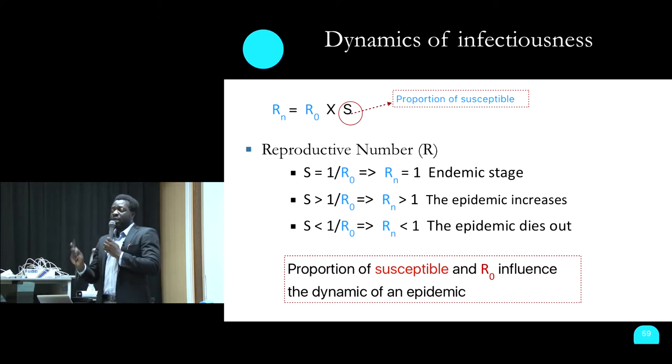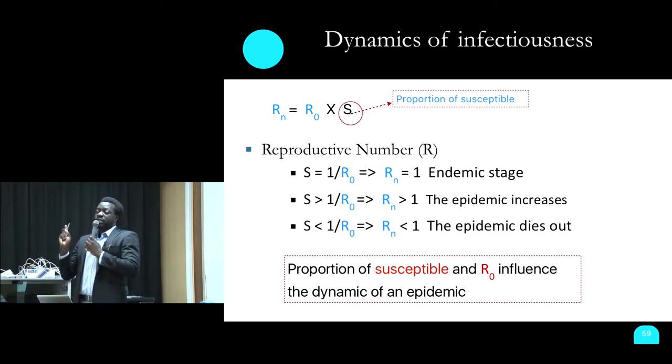So how many people are susceptible in a population is a very key characteristic that will tell you if an infectious disease will take off or not. If everybody here is susceptible, and someone with an infectious disease like influenza comes, we all have the risk to get the infection.